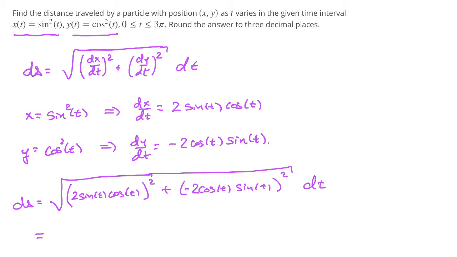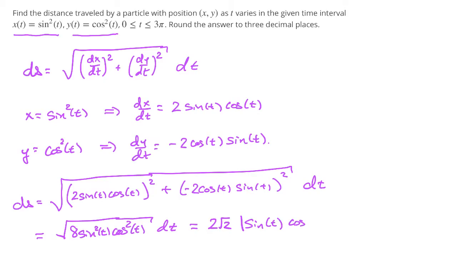So when we simplify this, we have 4 sine squared cosine squared plus 4 cosine squared sine squared. So we end up with the square root of 8 sine squared t cosine squared t dt. Or if we take the square root of that, what we have is 2 root 2 times the absolute value of the sine of t times the cosine of t dt.